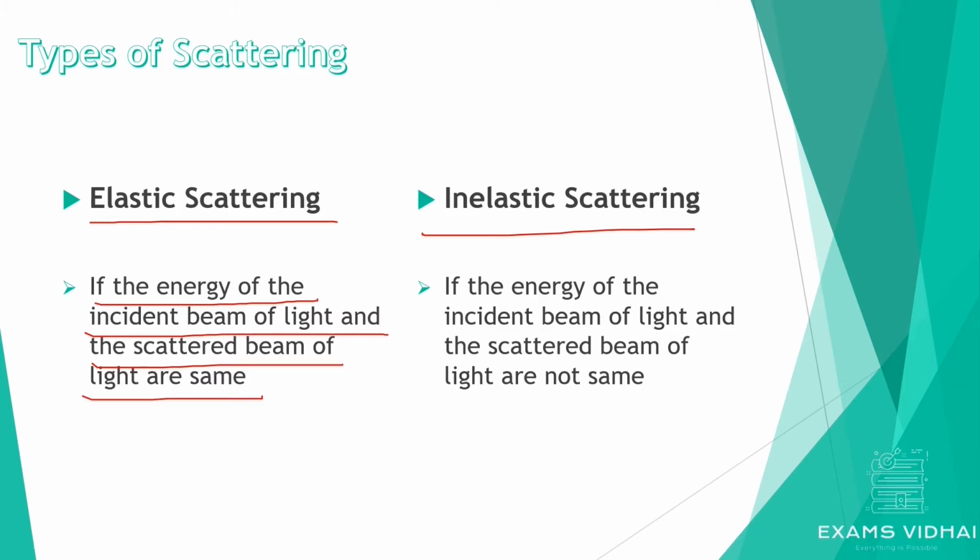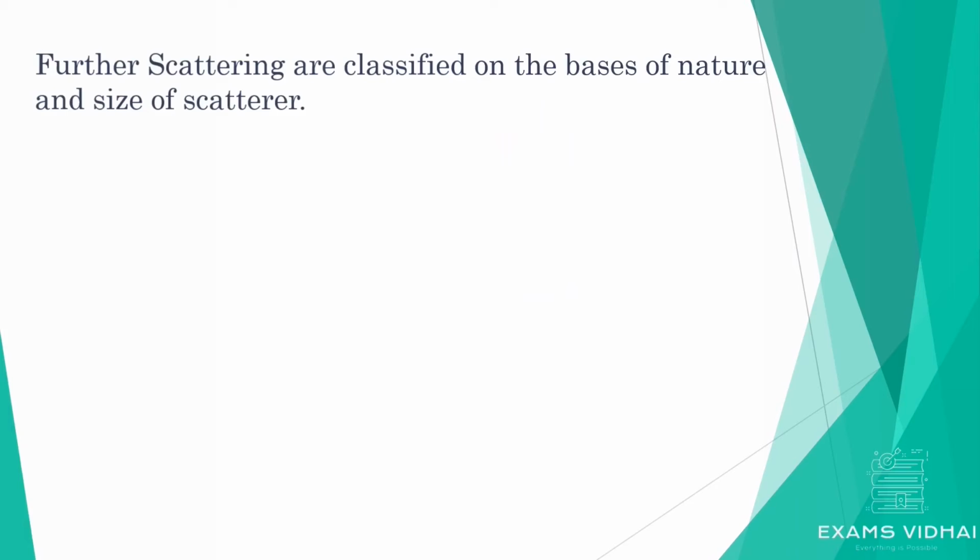And if the energy of the incident beam of light and the scattered beam of light are not the same, then it is called inelastic scattering. Further, scattering is classified on the basis of the nature and size of the scatterer.